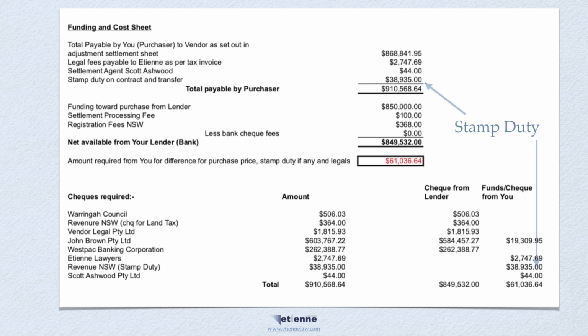You'll also see from the funding and cost sheet that stamp duty has to be paid, as well as legal fees, which when all added increase the amount that you need to pay, being more than what appears on the front of the contract.